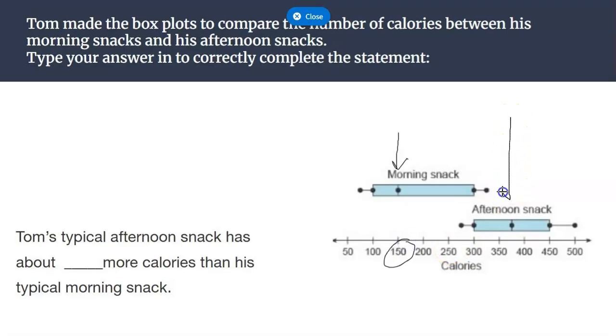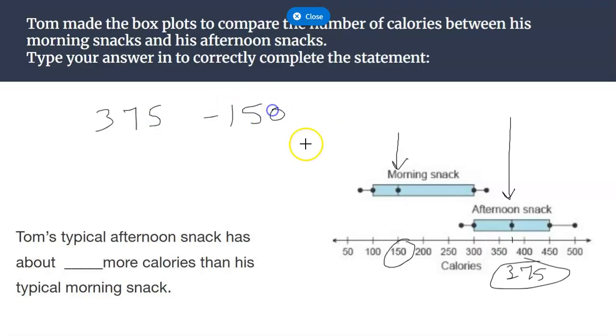And the afternoon snack, right down there in the middle, the median looks like 375. If we take 375 and subtract 150, that comes out to 225. So on average, looking at the typical median of each one, in the afternoon he was eating 225 more calories than in the morning.